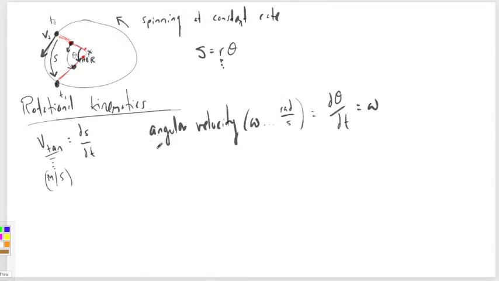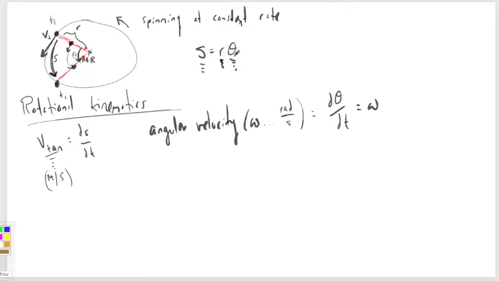How can we relate these two things? Listen very carefully. This arc length equation up here relates position along a circle to where we are on the circle and how far around the circle we are. In other words, if I wanted to know the position change that this particle sweeps out, I need to know the angle that was swept out and the radius, how far away the particle is from the axis of rotation.